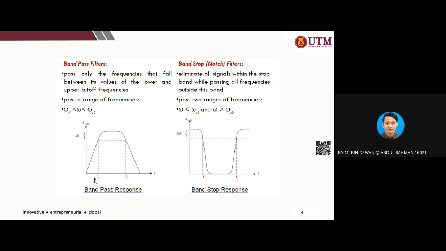Again, F1 and F2 are the cutoff frequencies at which the maximum value has been reduced by -3 dB, or 1 over square root of 2, or 0.707. It is similar to the other cutoff frequency concept.